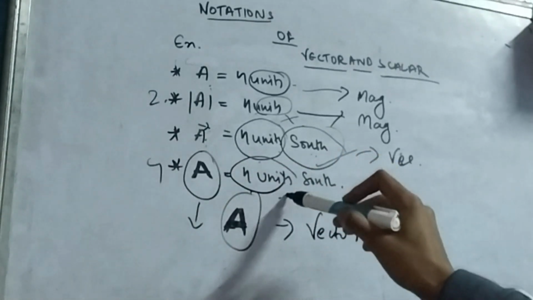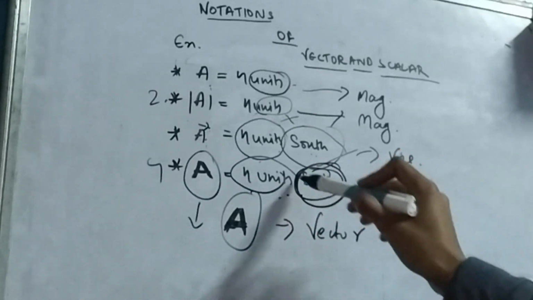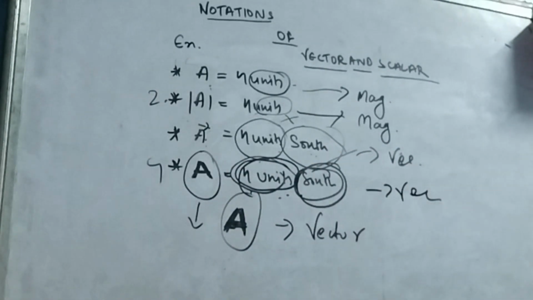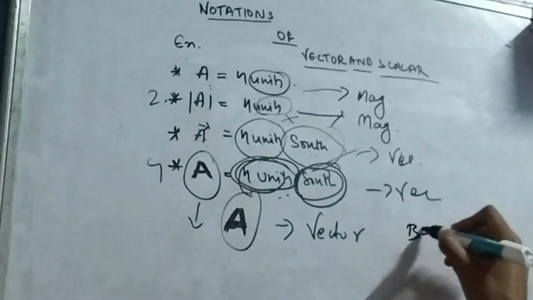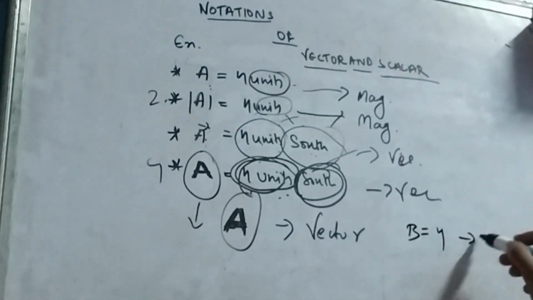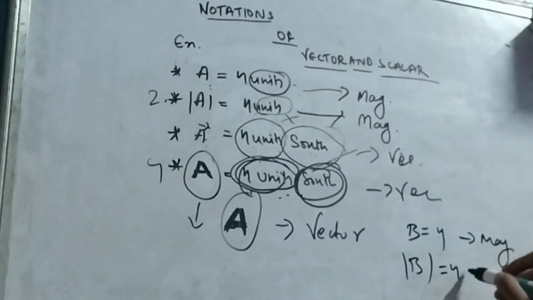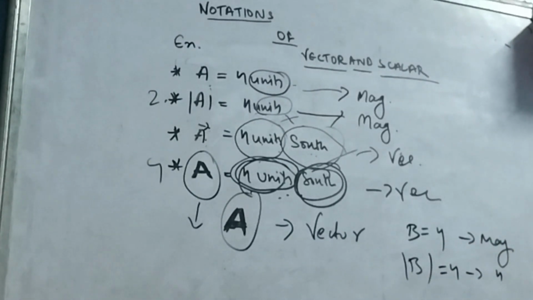Because there is direction also, and magnitude also, so this is also a vector. And for a small example, we'll take B is equal to 4, and what is this? This is a magnitude, and B mod is equal to 4, and this is also a magnitude. Got it?